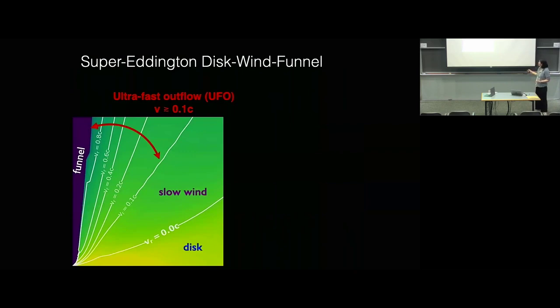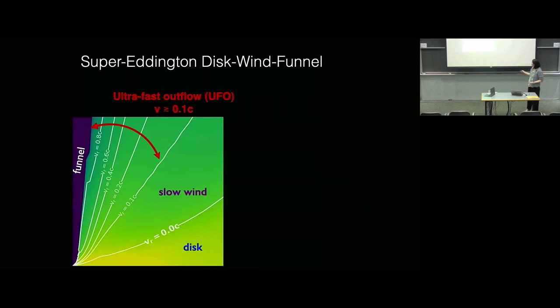And this wind has a slower component and a faster component, which is called ultra-fast outflows, with speeds faster than 10% of the speed of light. Both types of components have been observed from TDEs and other super-Eddington sources. Around the polar axis, there can be an optically thin region, which we can call the super-Eddington funnel, and we can expect the direct emission from the disk can leak out easily from this funnel region.